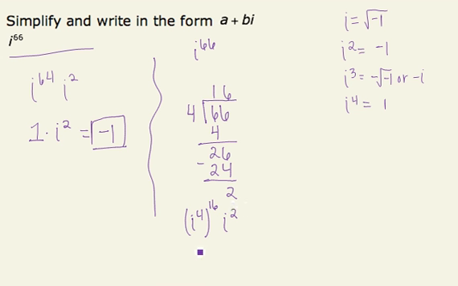Well, i to the fourth, again, is just 1, and 1 to any power is 1. Again, I get 1 times i squared, which again is simply a negative 1. So there are two ways you could solve this specific problem.